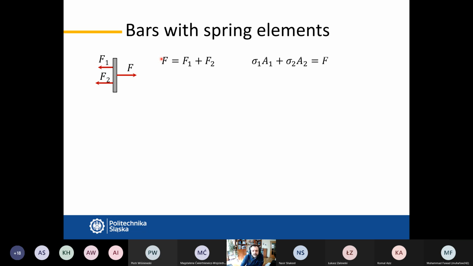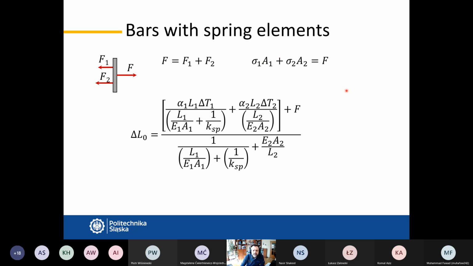In the general case, F1 and F2 can be expressed as stress times cross-sectional area. So this is what happens in bar number 1, and this is what happens in bar number 2. The sum of these forces, the condition of equilibrium, can be represented in such a way. We are generally looking for stresses, that's why we express these forces as stresses.